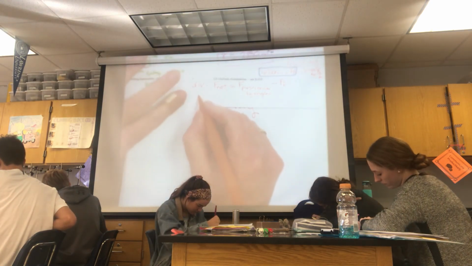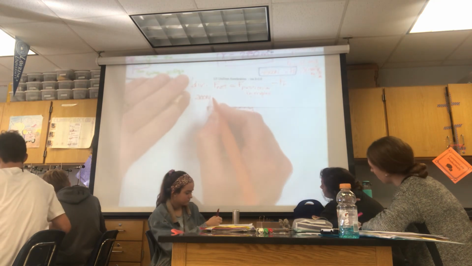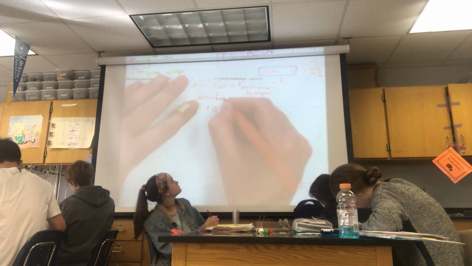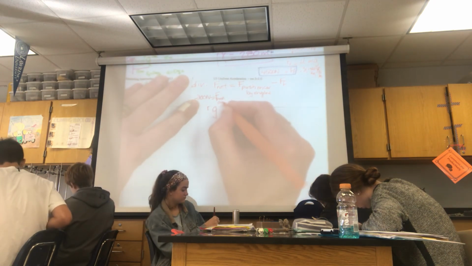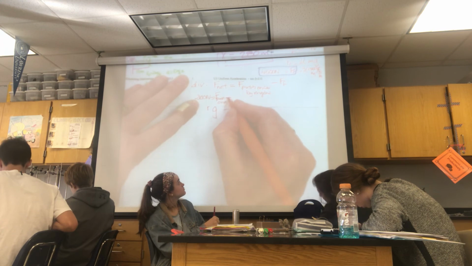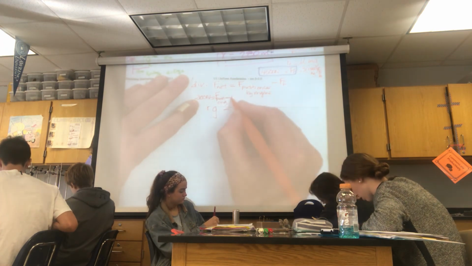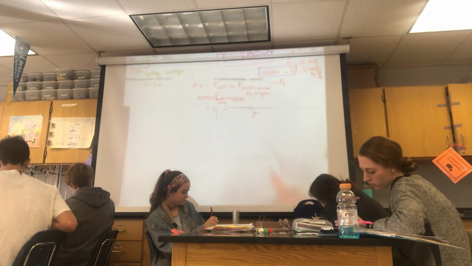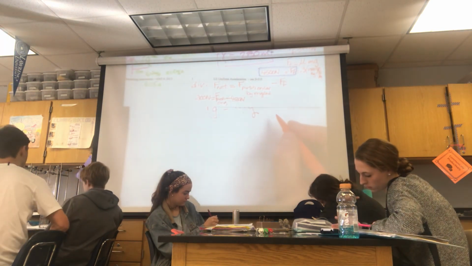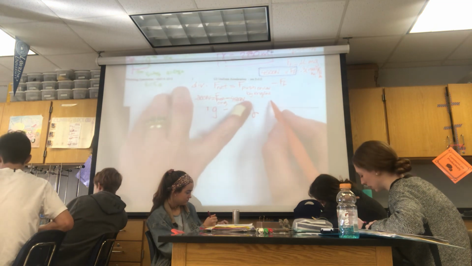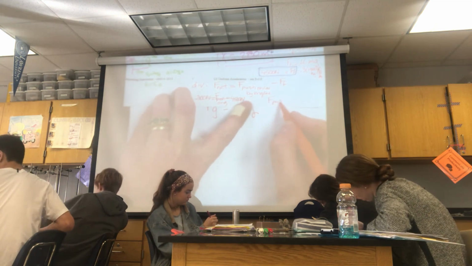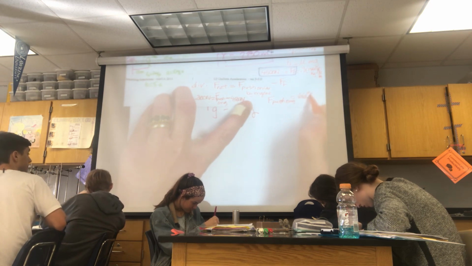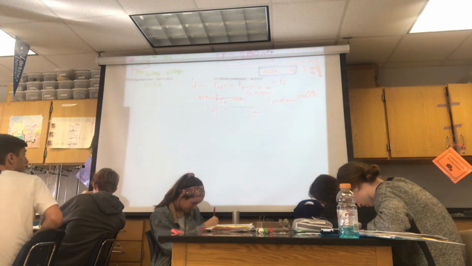So F net is 2,100 newtons equals F push, I'm just going to say engine here, minus what? 4,500 newtons. So can you give me the engine force? What you got? 66? F push engine equals 6,600 newtons.